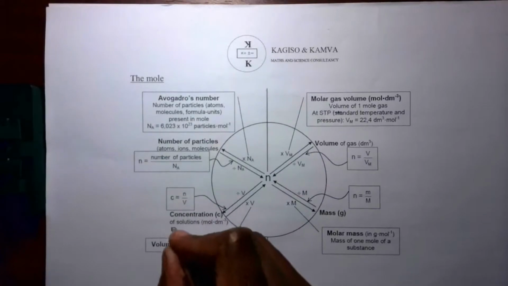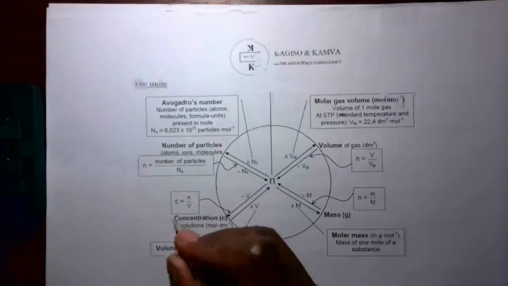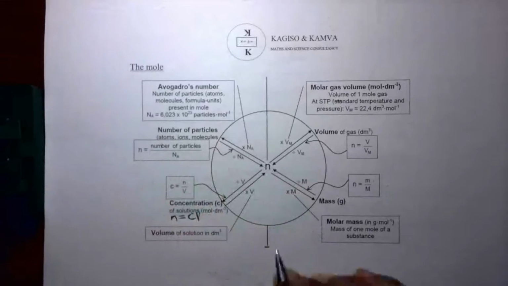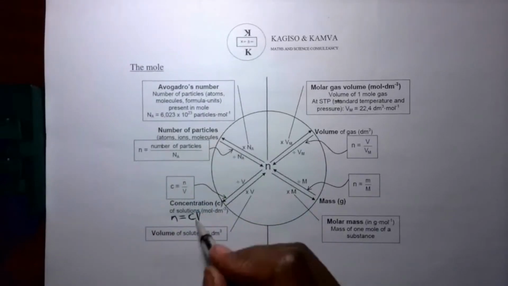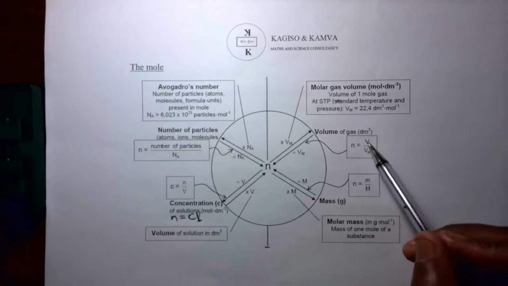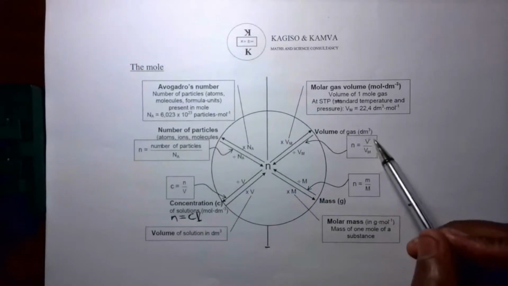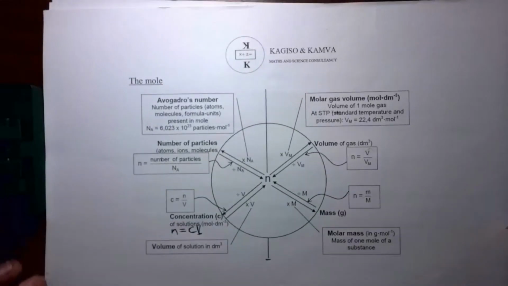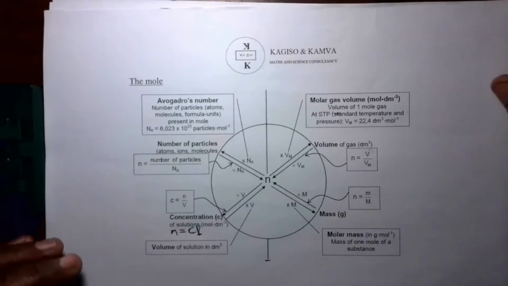Therefore, n is equal to C times V. In this case, this volume is different from the volume occupied by a gas. This one is the volume of a solution. So with concentration, we also need the volume of a solution. Therefore, when we've got those two, we'll be able to calculate the number of moles.